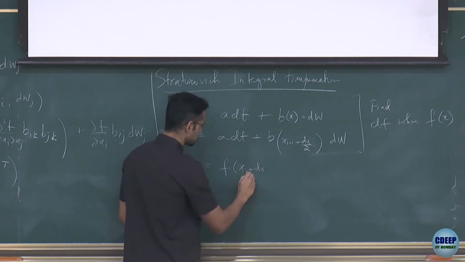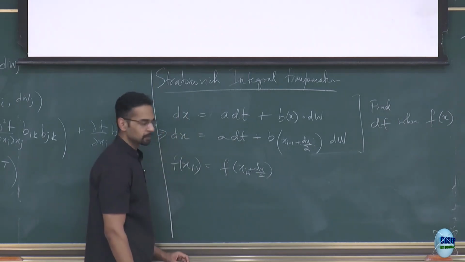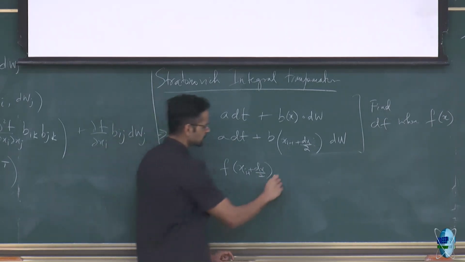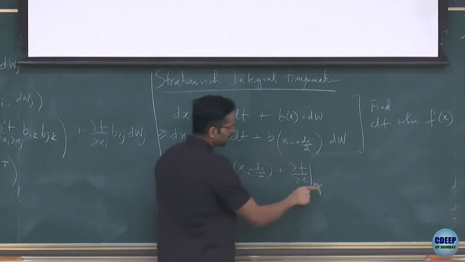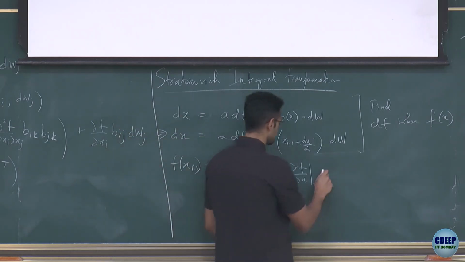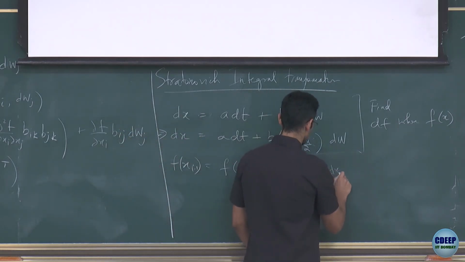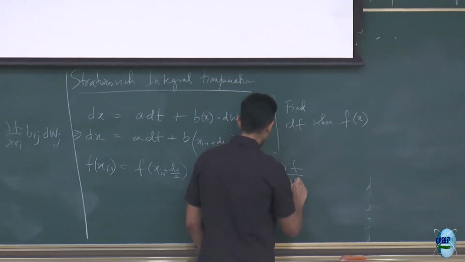x_{i-1}, let us start. Okay, so I need to step forward. MP just means at the midpoint. That means at x_i plus dx by 2, right? And I go to the higher order.